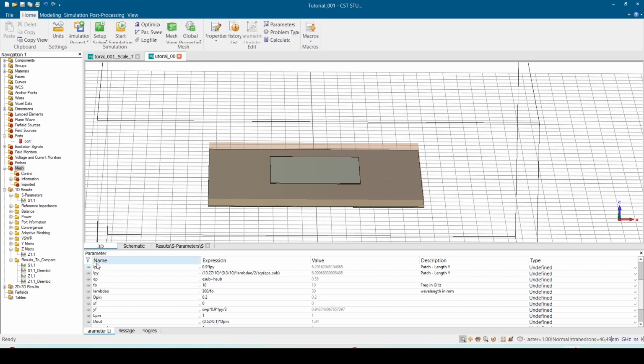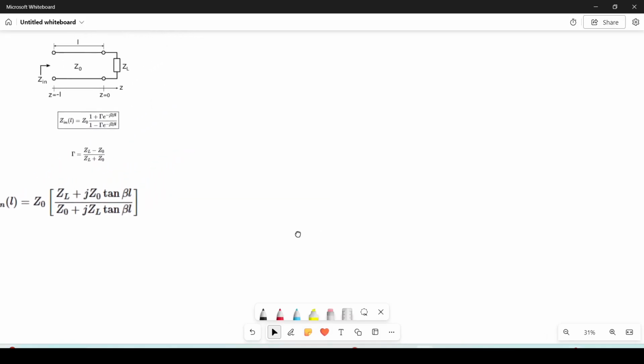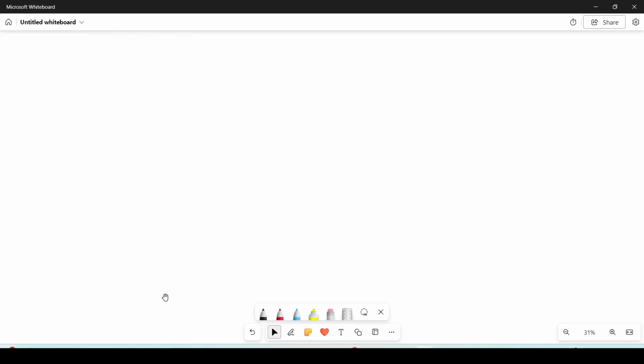For explaining this, we can go to the whiteboard. As we discussed before, everything in the antenna is connected to the wavelengths in some sense. For example, if we have a patch antenna like this, the length is lambda guided over 2.